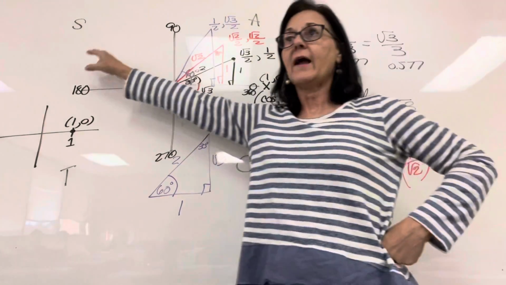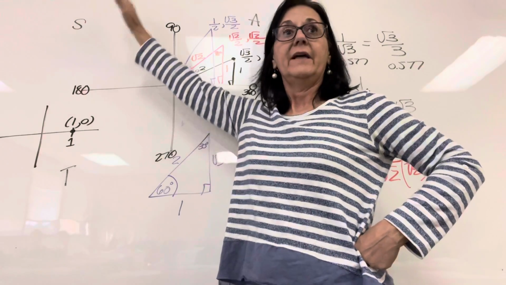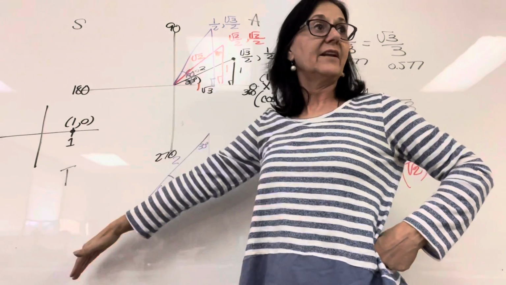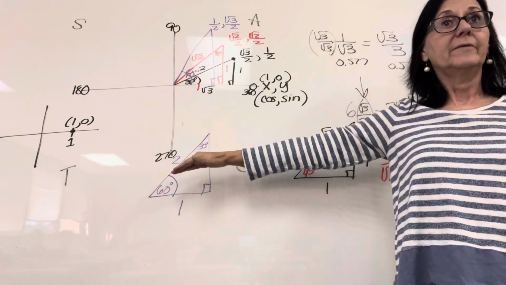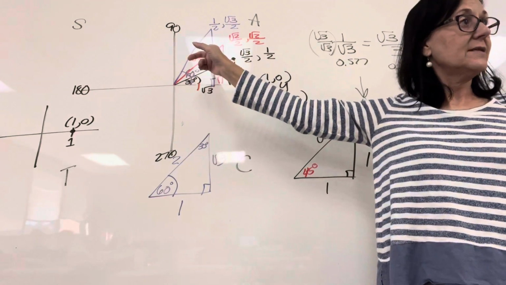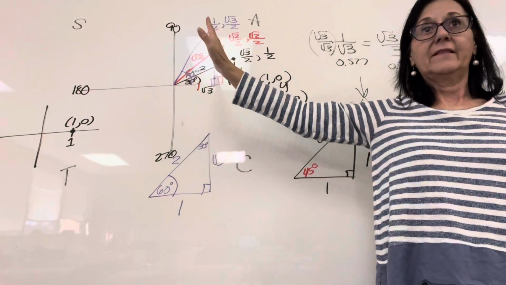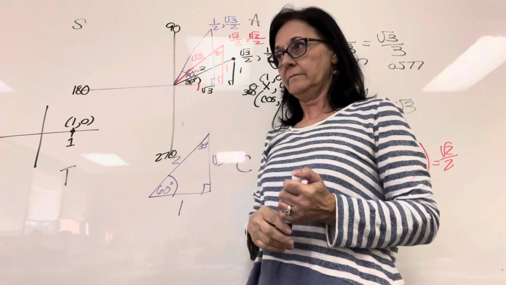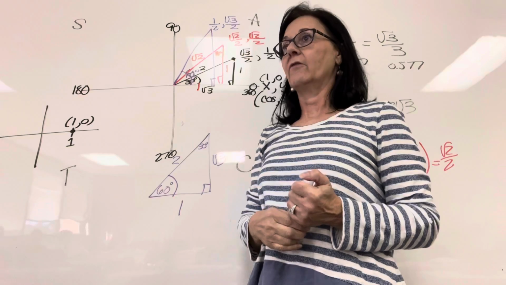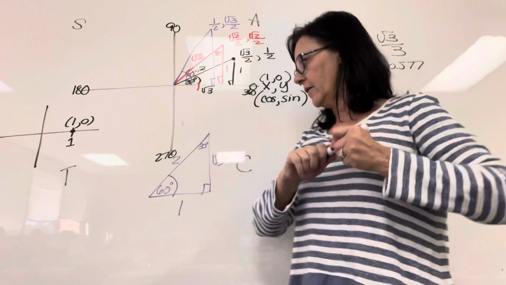Because if I can figure out what the distance is from the x-axis in the second and the third, or the x-axis down negative in the fourth, and I have that first quadrant memorized, then I've got it. All right, cosine counts up or down? Down.